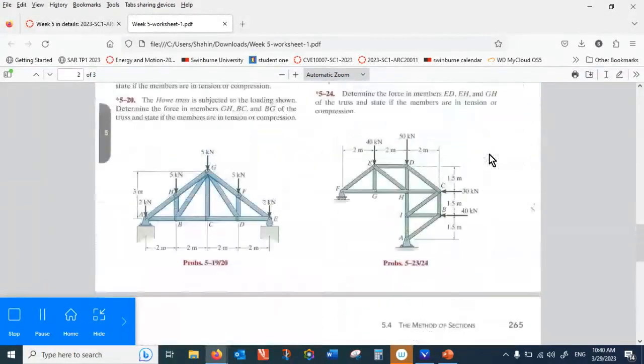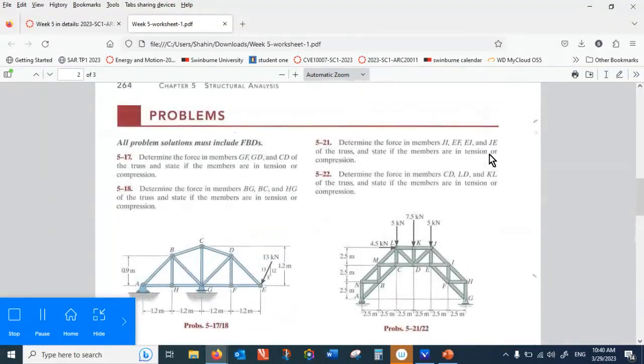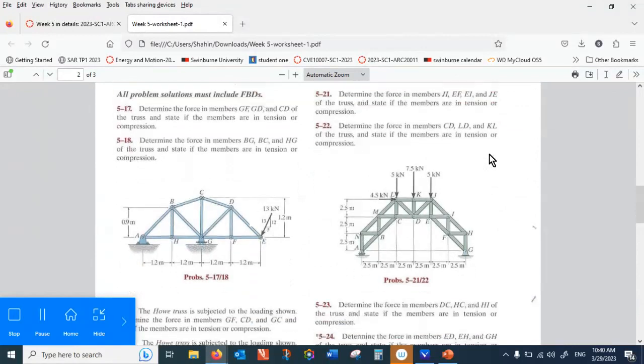All right, so let's start with problem 5-17.